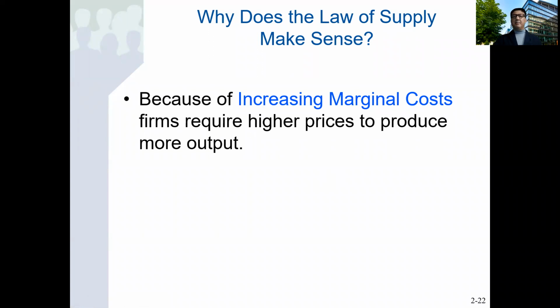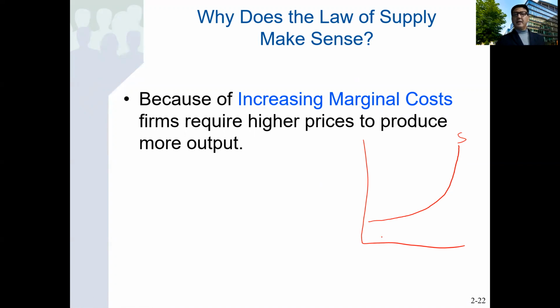Now that could be partially true if the supply curve looks like this. Here's the supply curve. In this case, there's increasing marginal cost, so firms require a higher price to produce.